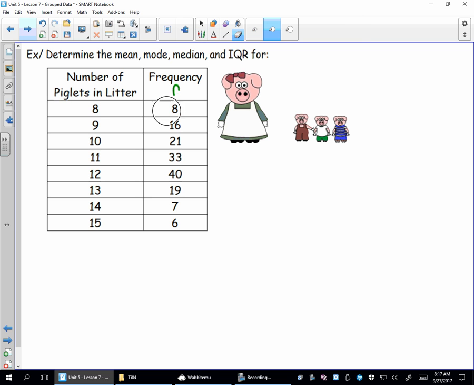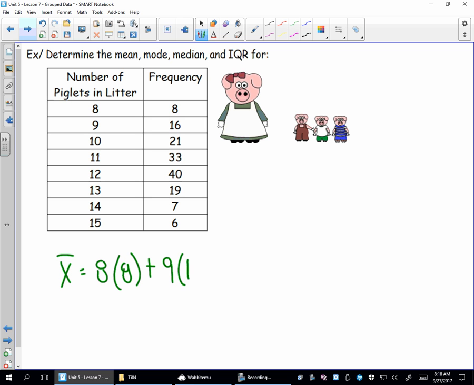Okay, determine the mean, median, mode, and IQR for this lovely set of data. So to do this by hand, our mean will be the value. So there's 8 piglets in this litter. It's a discrete number, and it happens 8 times. Plus, there's 9 piglets in a litter. It happens 16 times. Plus, 10 piglets, 21 times, and so on, and so on.